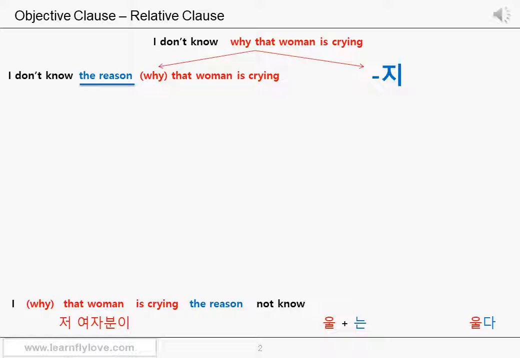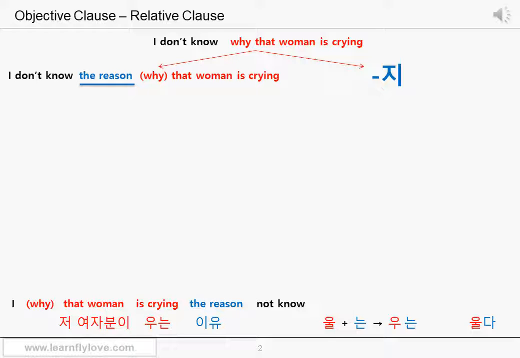But as you learned in lesson 6 part 2, when the last letter of the stem has ㄹ consonant as a final and meets 는 sound in the next, the final ㄹ consonant in the last letter of the stem disappears. So it becomes 우는 instead of 울는. Okay? 우는 is correct.